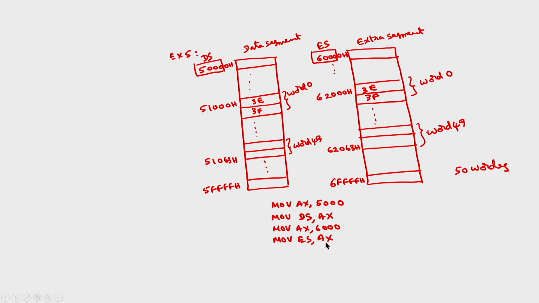So I am initializing the data segment and extra segment with 5000 and 6000 respectively. Then the offset, load effective address. In string operations we know this will be the source index and this the destination index. LEA SI with the offset 1000, and LEA DI with the offset of 2000.